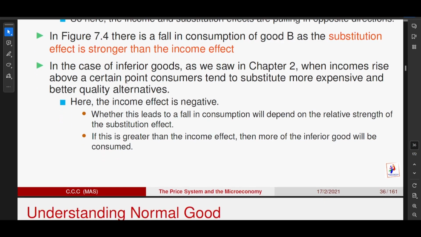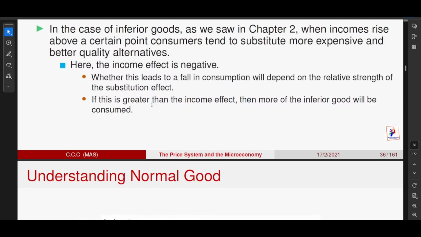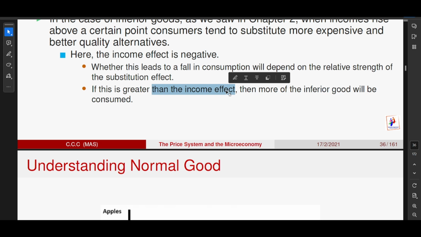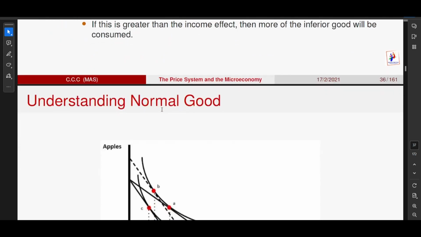In the case of inferior goods, as we saw in chapter 2 or throughout your economics career, when income rises, the consumer buys less of the inferior good. Here, the income effect is negative. Whether this leads to a fall in consumption will depend on the strength of the substitution effect. If it is greater than the income effect, then more of the inferior good will be consumed.